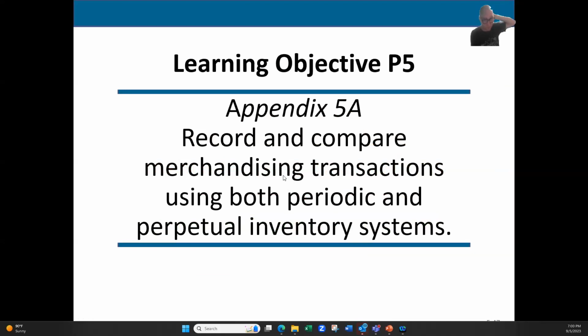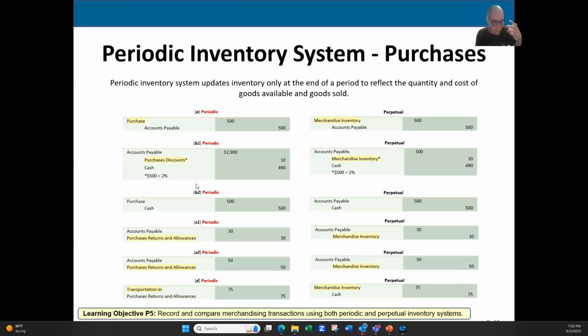So that was all the perpetual inventory system. This just reviews all of those transactions that we made, lists them out in a logical way, and compares to what it would look like in a periodic system. On the right-hand side is what all of the examples we worked through looked like. On the left-hand side is what it would look like in a periodic inventory system.